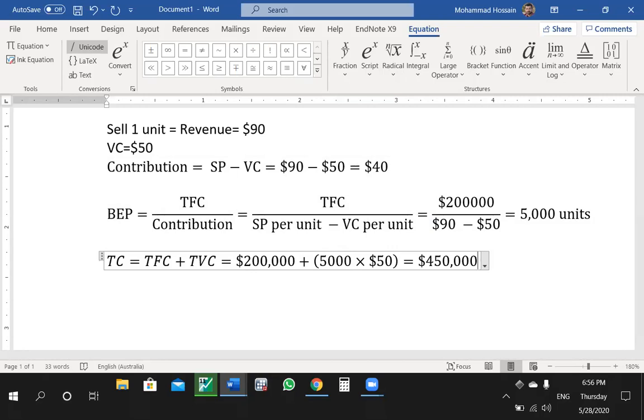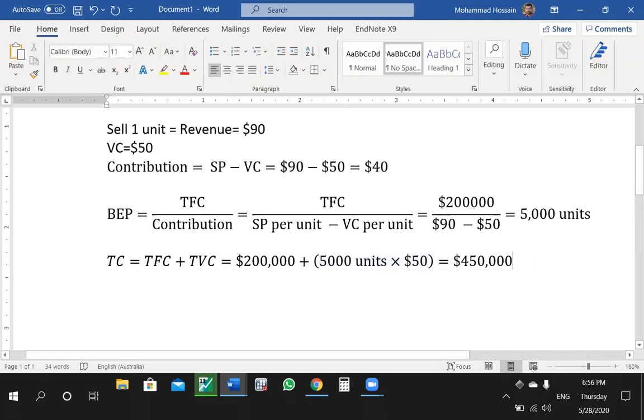If you sell these 5,000 units, how much do you get as your total revenue? Total revenue will be 5,000 units times $90 each.